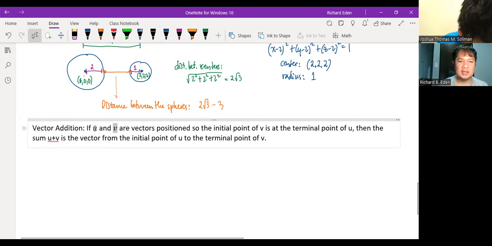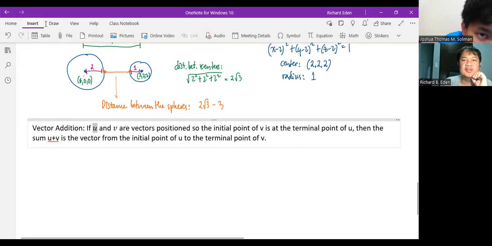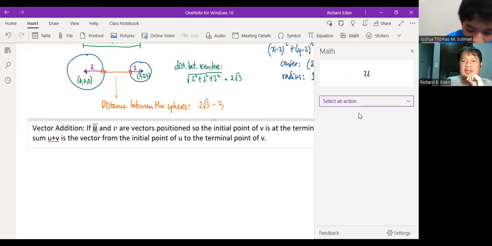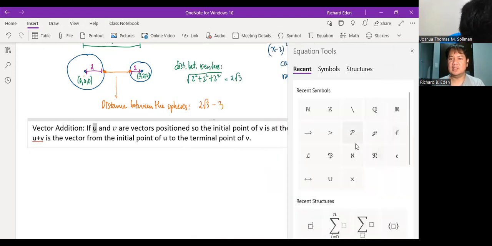Kaso nga lang, since vectors, I want to put an arrowhead on top of that. Paano ba yun? Insert math or insert equation. Ayan.